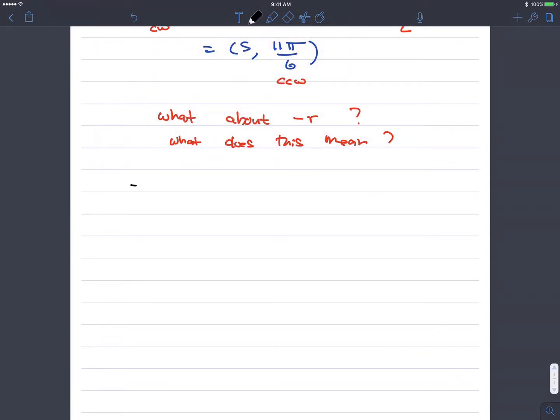Let's start with an example. You have to plot the point here, maybe 3 comma, let's say negative pi over 4. I'm sorry, getting it backwards. We want a negative what? Negative radius. You okay with that? Good.